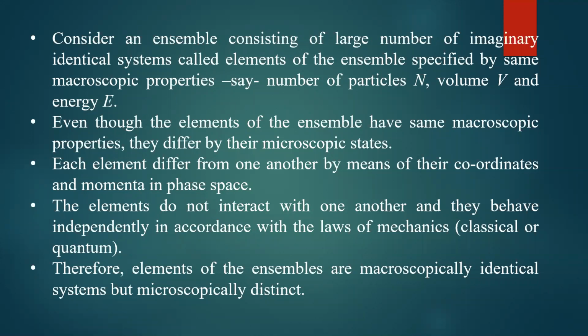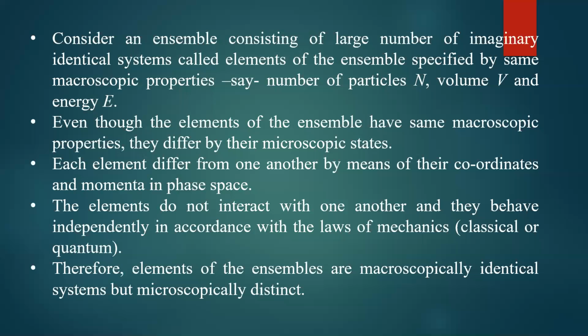The energy contained in the room is the same, and that is how we can imagine an ensemble. So the ensemble consists of a large number of identical systems having the same properties: the number of particles is the same, the volume is the same, the energy is the same.